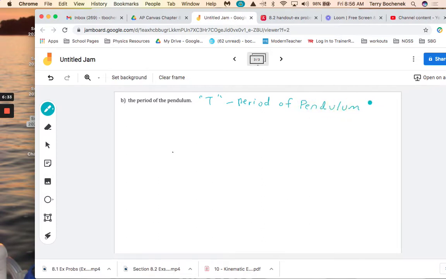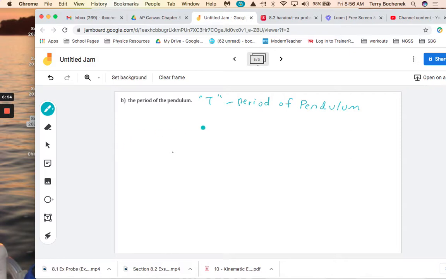If you remember back to chapter 4, little t is used in the kinematic equations for just any elapsed time, that randomly elapsed time that could be introduced, like how fast is the car going after 10 seconds, or what's the acceleration at t equals 3 seconds.